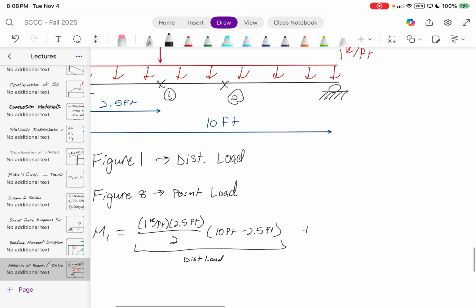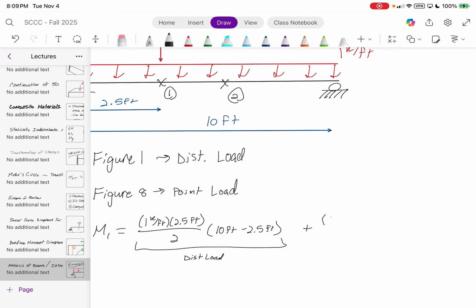And then to add to that, we use figure 8. And again, we know that the maximum bending moment occurs at the location of the point load. So we can just use Pab divided by L. Does that make sense? You could also use the Mx equation and then plug in the variables accordingly, but you should get the same answer since the Mx would be at the location of the point load. Does that make sense?